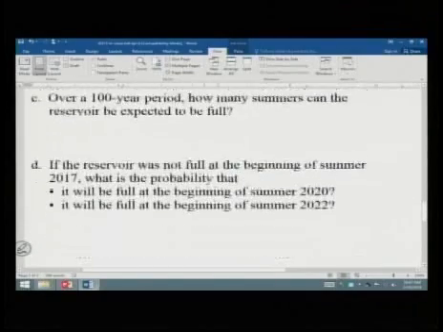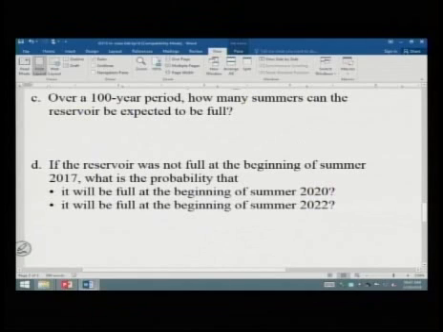Now let's move on to question C. Over a 100-year period, how many summers can the reservoir be expected to be full? Which information are you going to use to answer this question? Pi 1, okay.